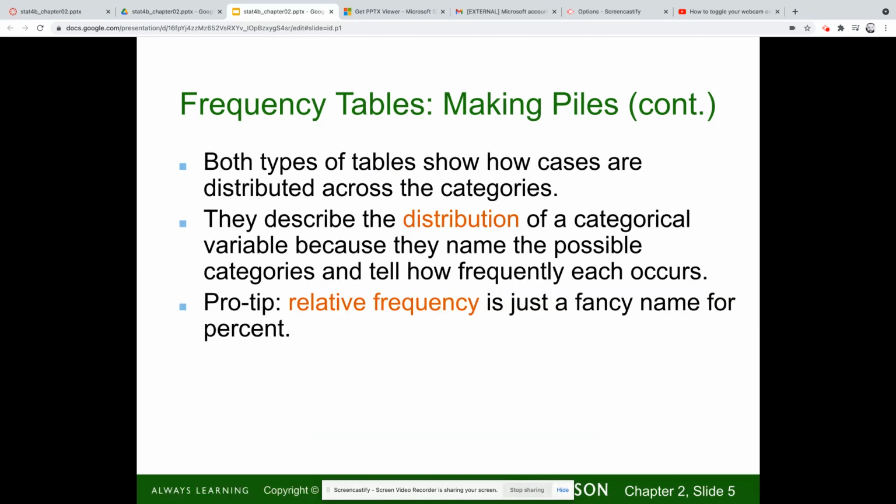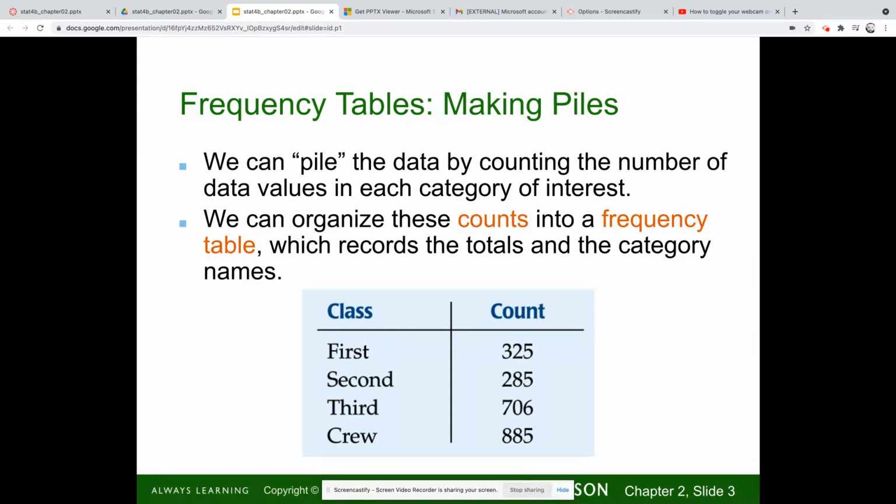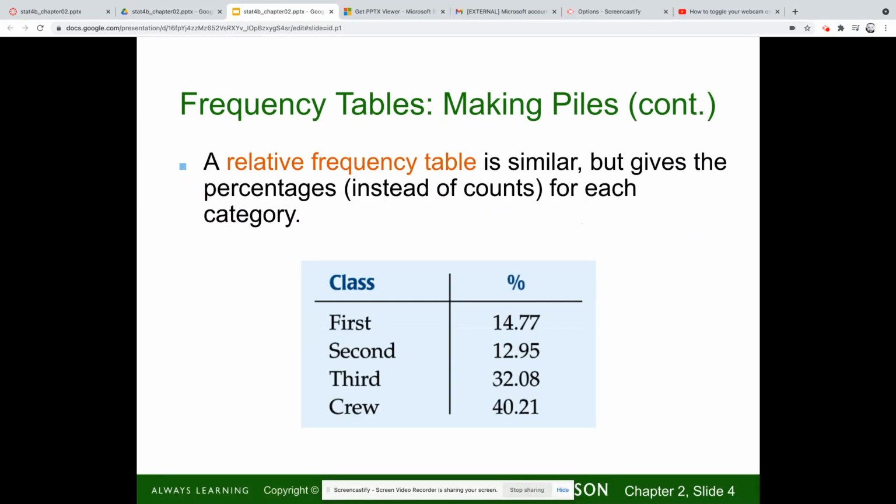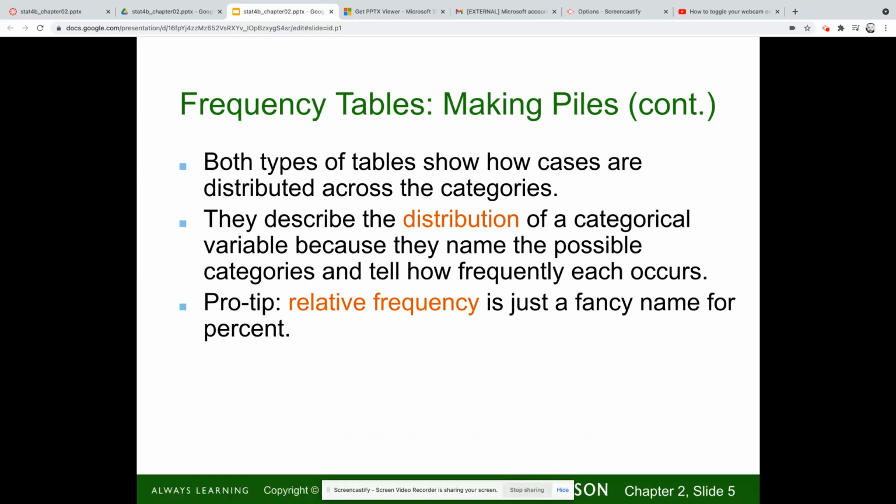So frequency tables, both types of tables, whether it's a frequency table like this or a relative frequency table, both types of tables show how cases are distributed across the categories.